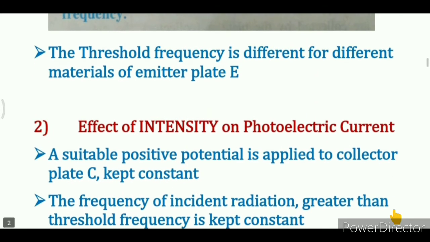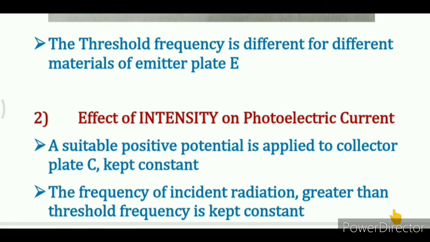As we now know, to have the photoelectric effect, the frequency of incident radiation must be equal to or greater than the threshold frequency. So for whatever emitter plate we are using, the threshold frequency value is to be known for each and every plate.